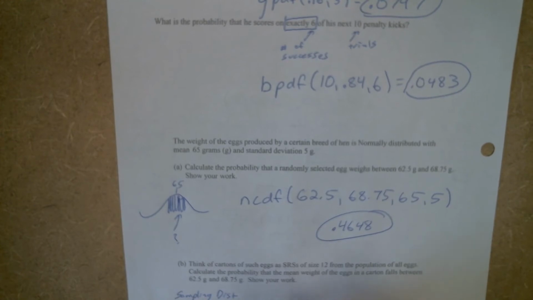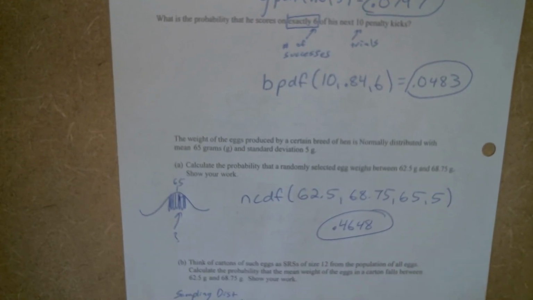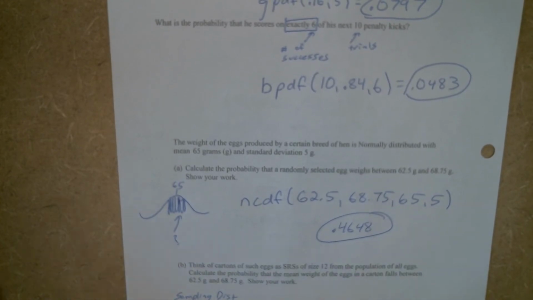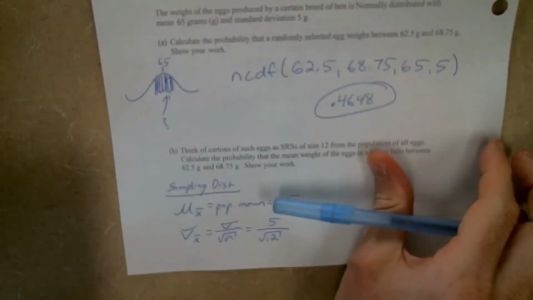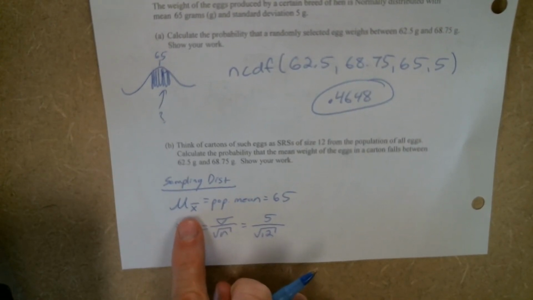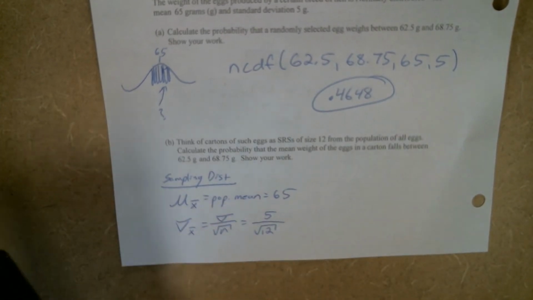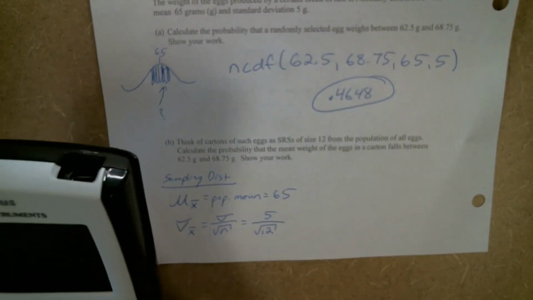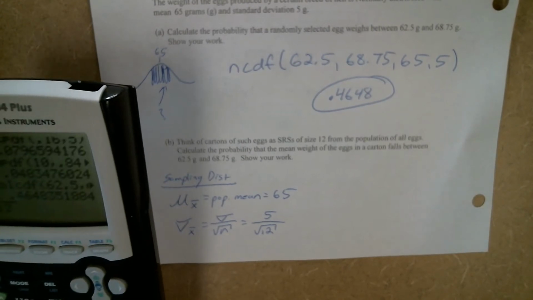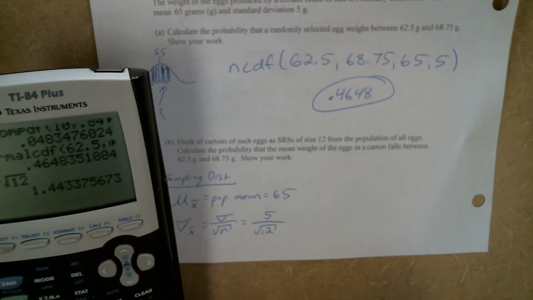So in our case, that's 5 divided by the square root of 12, which is going to be 1.44.